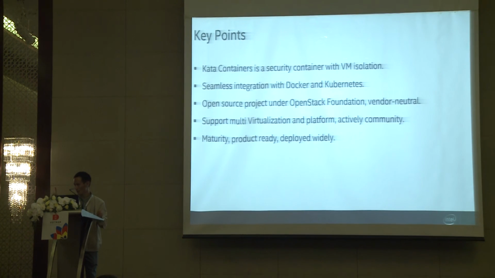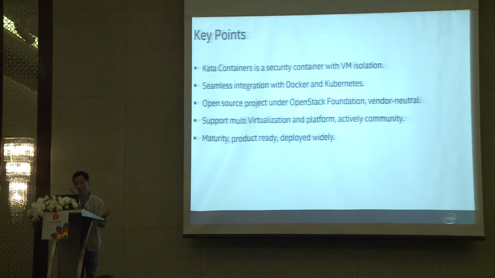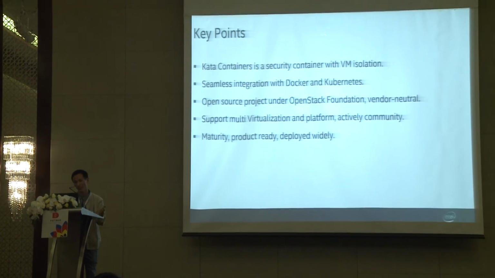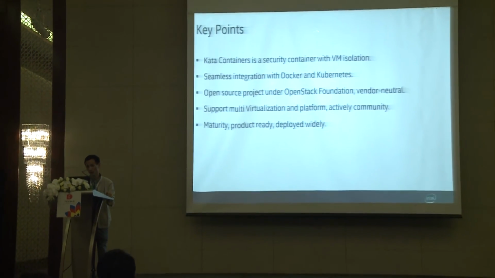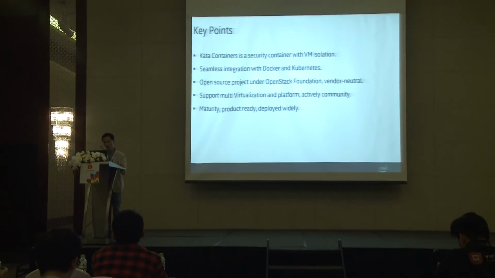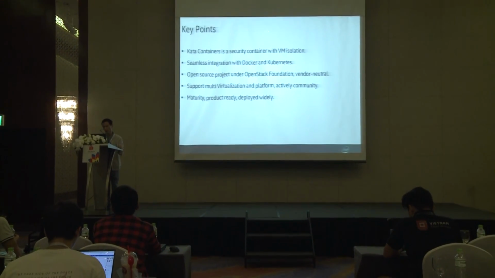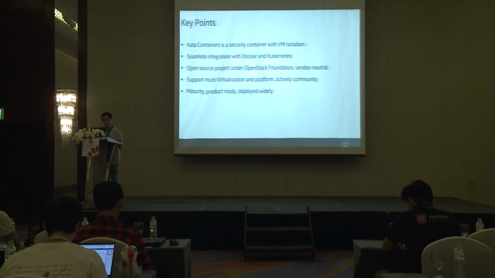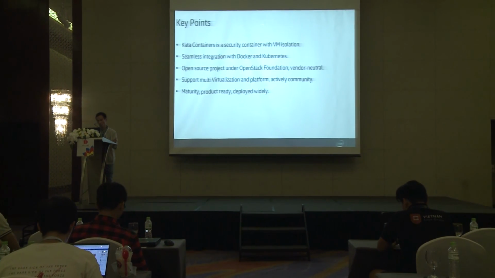So, one last minute. So let's take some key points here. Kata container is a security container with virtual machine isolation and can be simply integrated with Docker and Kubernetes. It's an open source project under the Open Infrastructure Foundation, and it supports all these platforms and virtual machines.